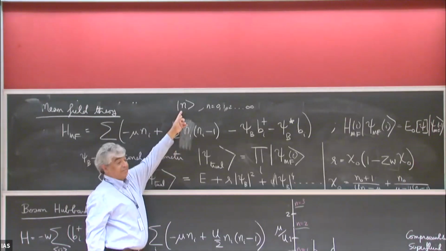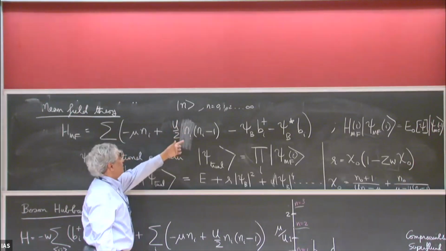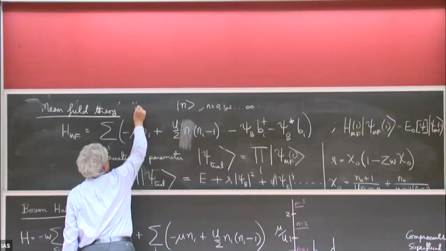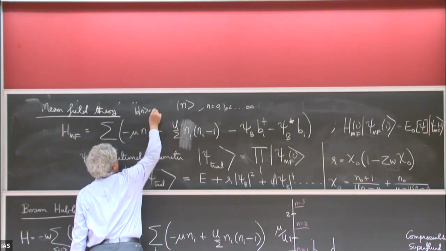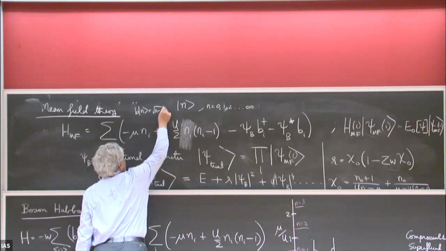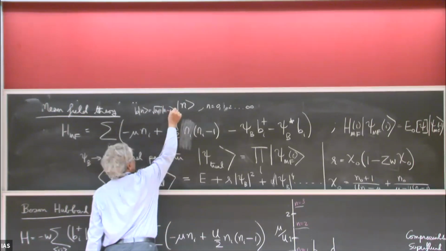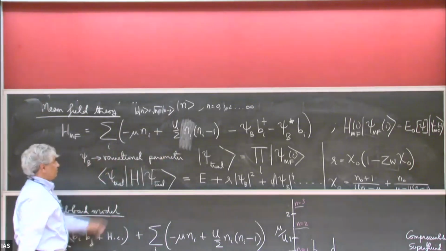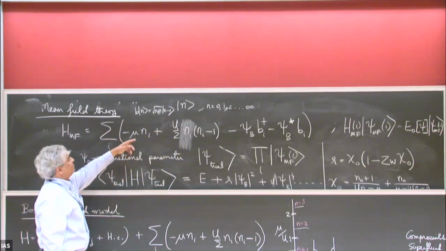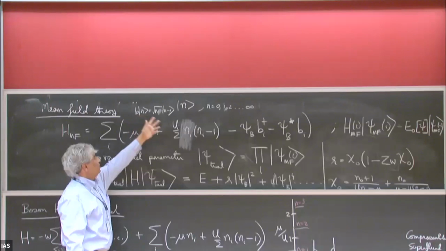So for each site, you have these n boson states. And the action of B on these states is the usual harmonic oscillator action, B|n> gives root n times |n minus 1>, sorry, n minus 1. And similarly with B dagger. So this is the action of B on these states.